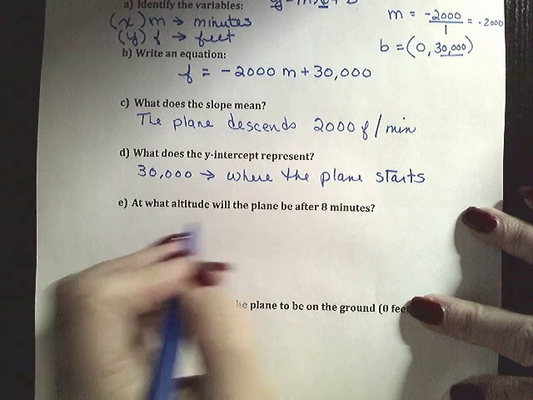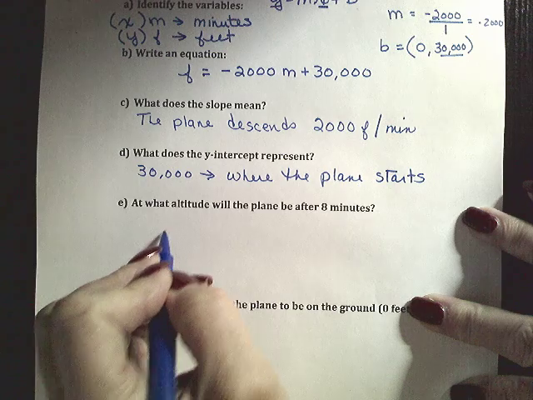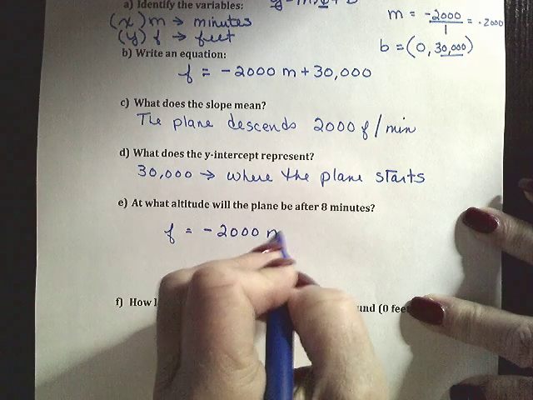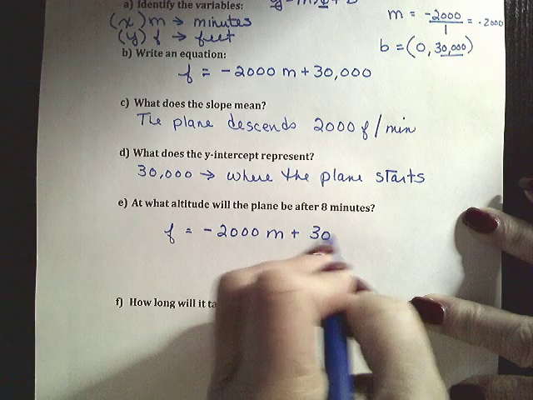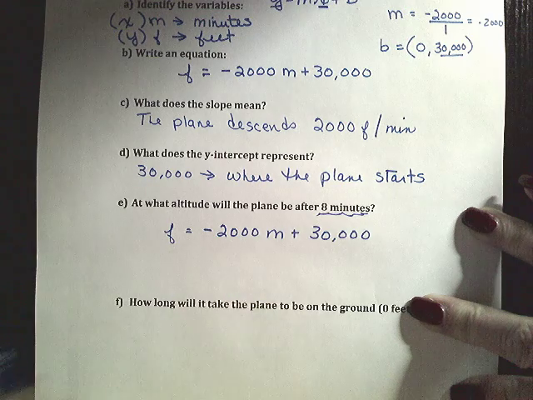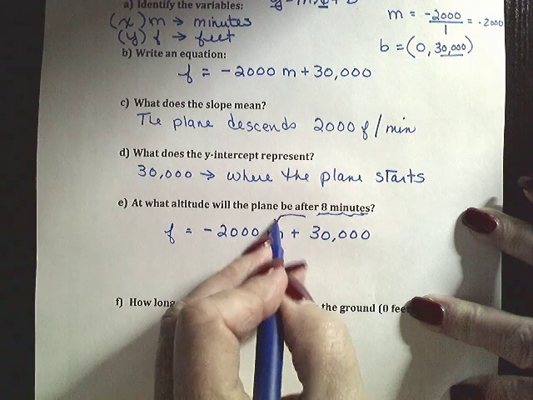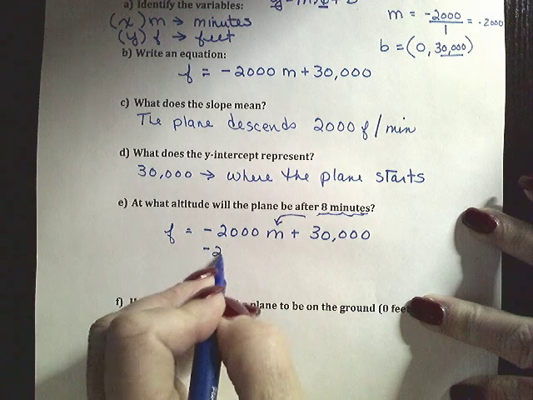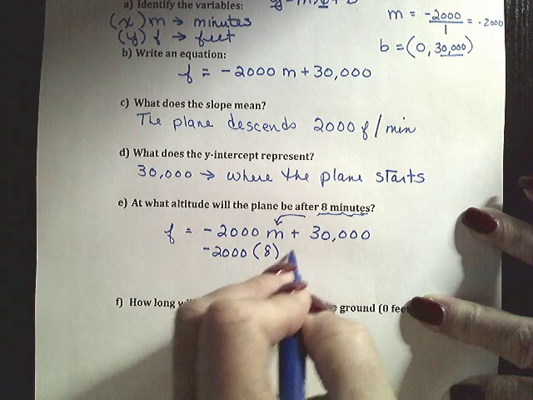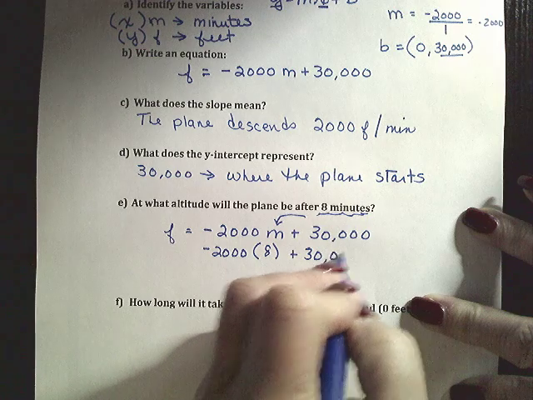Okay, at what altitude will the plane be after 8 minutes? So let's do F equals negative 2,000M plus 30,000, and we're looking for 8 minutes. So we know we have to substitute that in for M. So negative 2,000 times 8 plus 30,000.